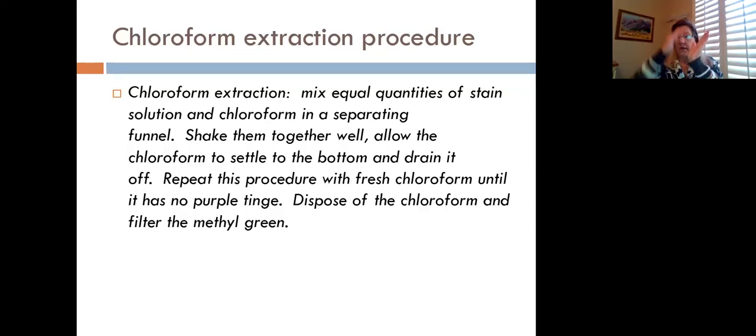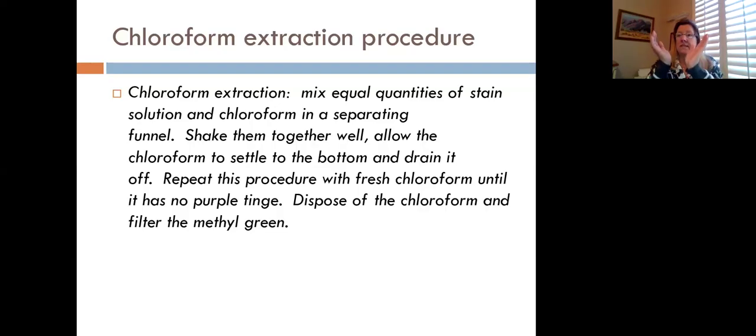That chloroform, when it comes down to the bottom, is going to have a little tinge of stain to it, and that's okay. Then you drain out that chloroform, shake it, and let it sit again. You continue to do this until there is no more separation of chloroform coming out of that stain.